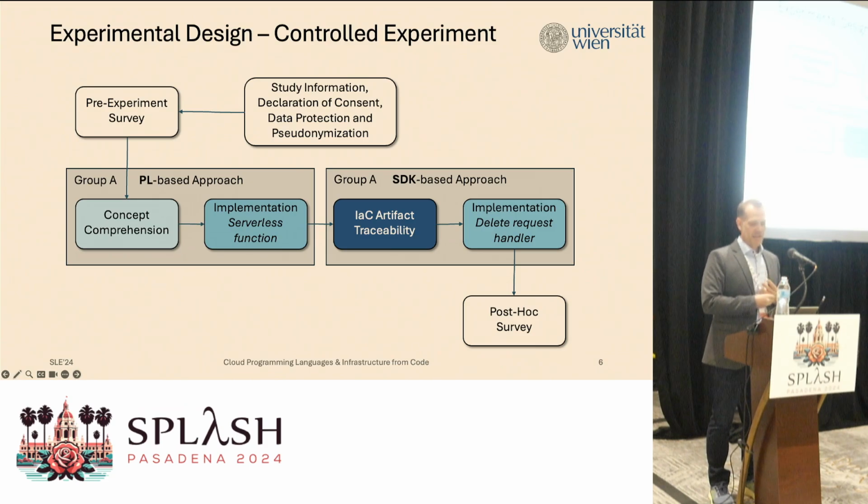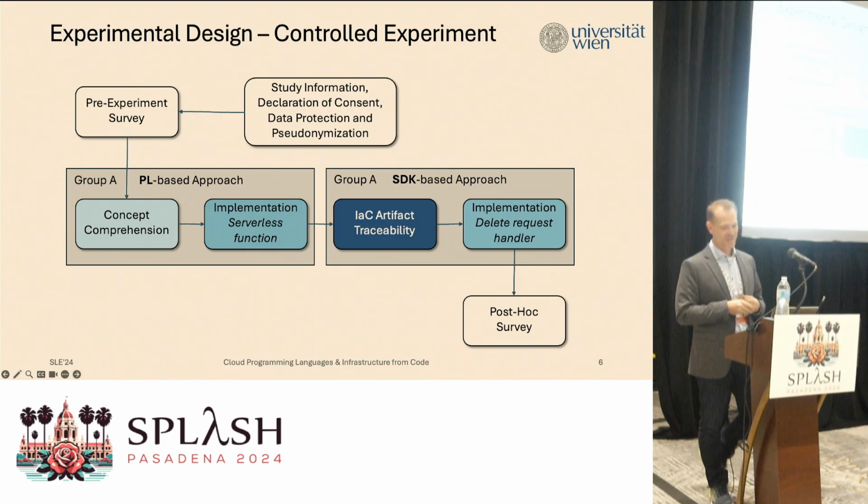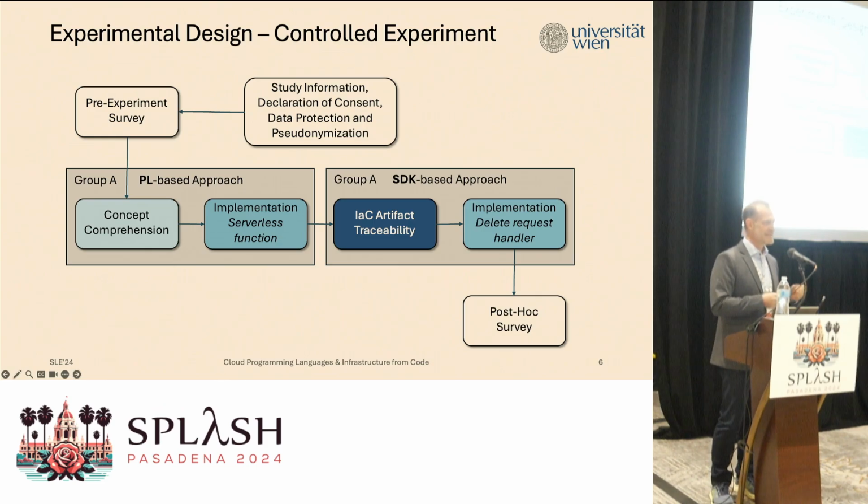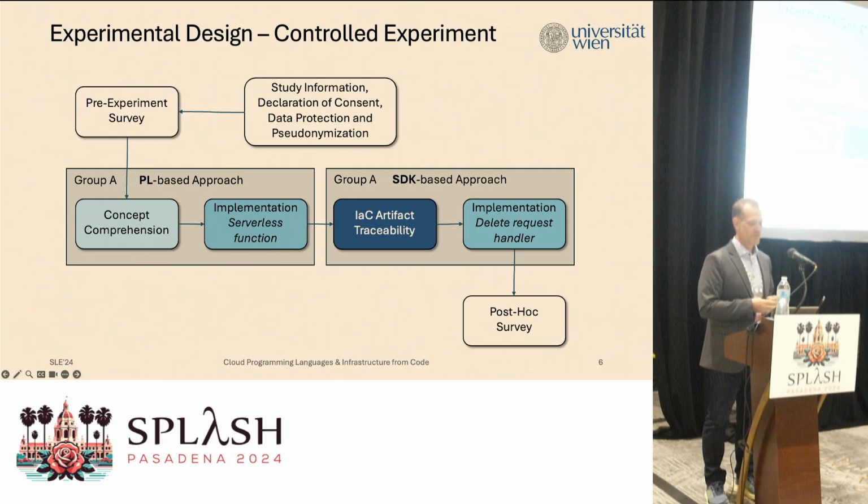To evaluate these dependent variables, like time to complete a task and correctness of the task, etc., we designed a controlled two-group within-subject experiment, whereas the major independent variables were the treatment group and solution approach.